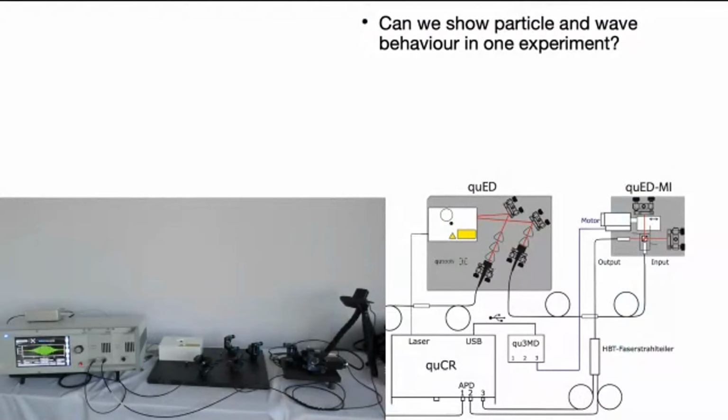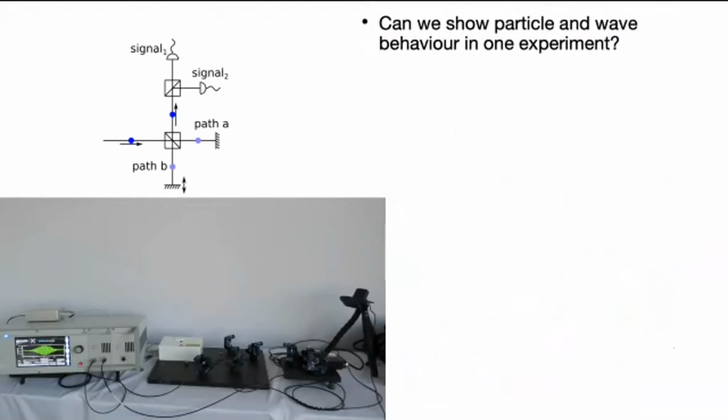We've seen that there's interference, and we can maybe at the same time also show that we still have these single photons, or the heralded single photons. If you look at the right hand side, I will add another device, and let's see.